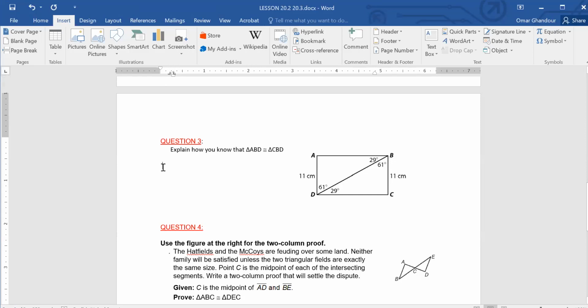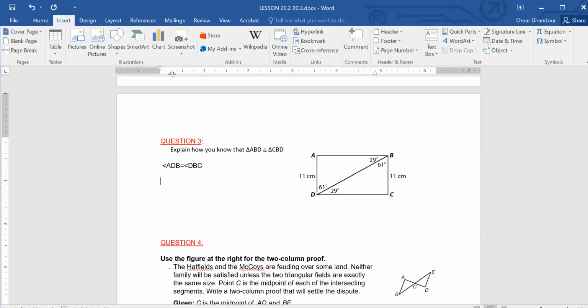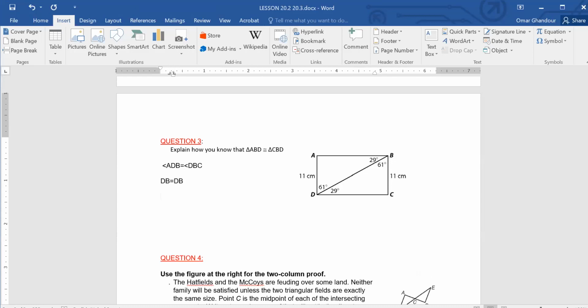So to explain, I'm going to tell him that angle ADB is equal to angle DBC, and DB is equal to DB because it is the same side, it's common between the two triangles. And then the last angle, which is the 29, angle ABD, is equal to angle BDC.